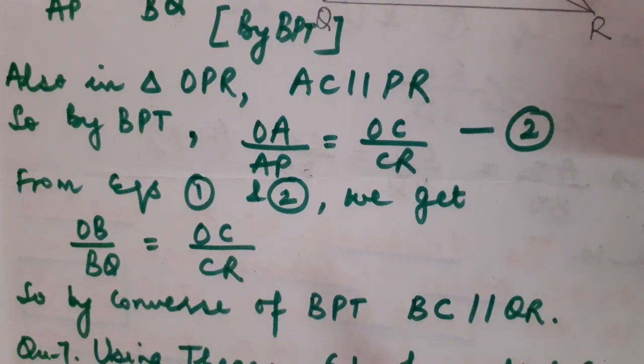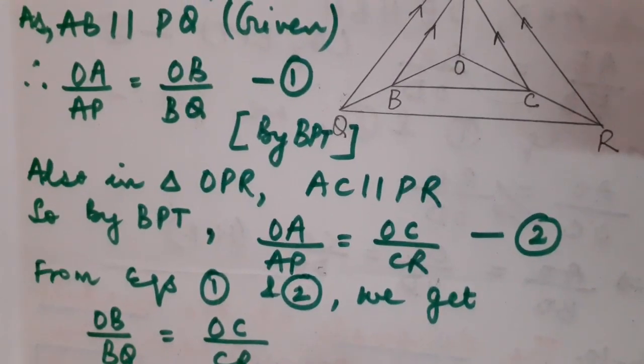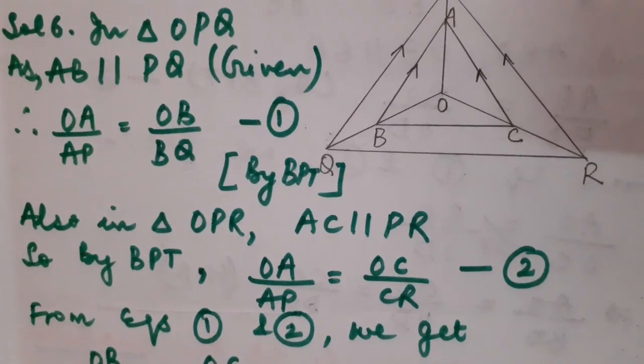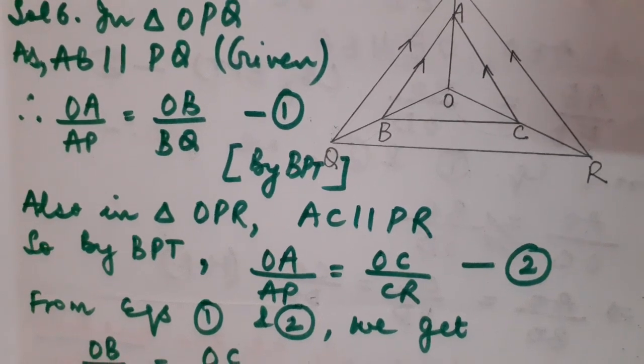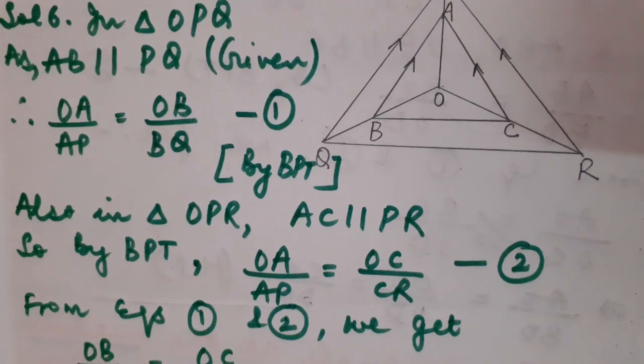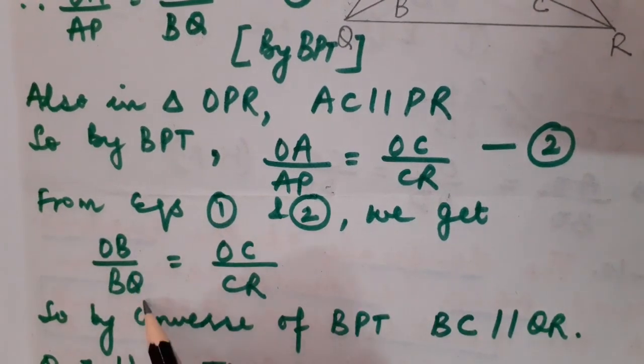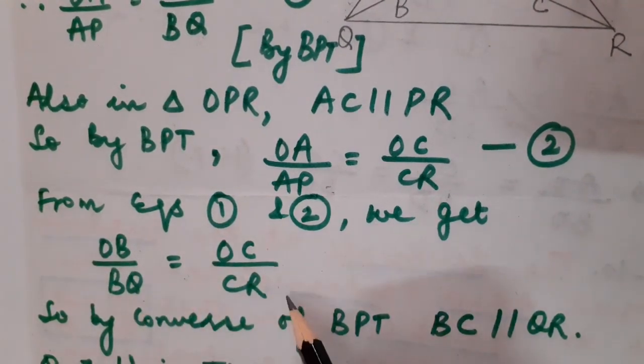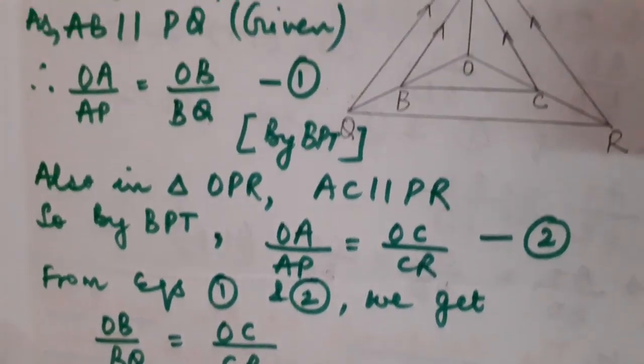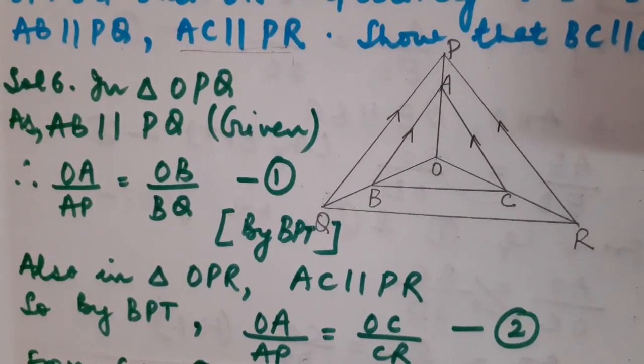So now just let me know one thing. If the ratio of the other two sides is equal, then can we say that the line which intersects both of those sides must be parallel to the third side of the triangle? So now on the basis of this ratio, OB upon BQ is equal to OC upon CR, I am going to choose the triangle. Please have a look children.